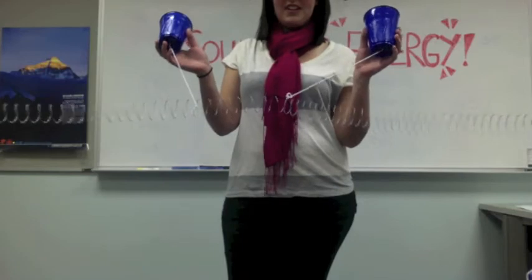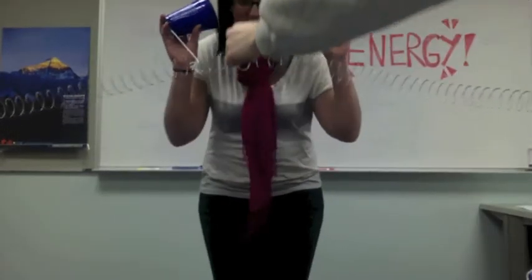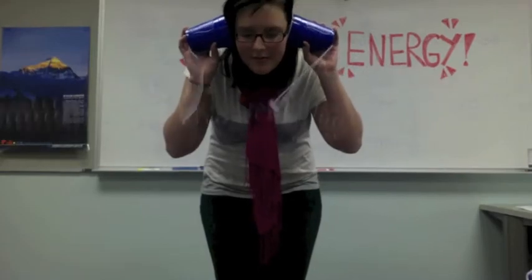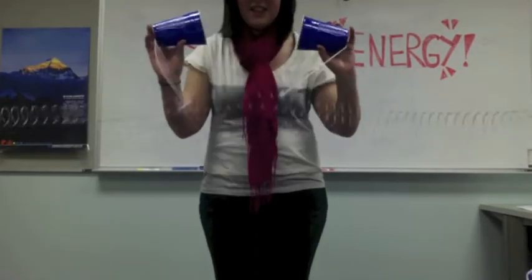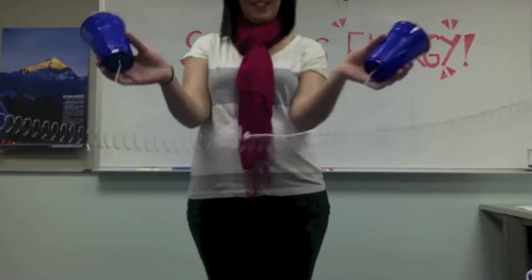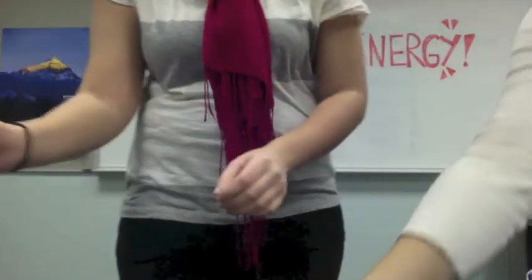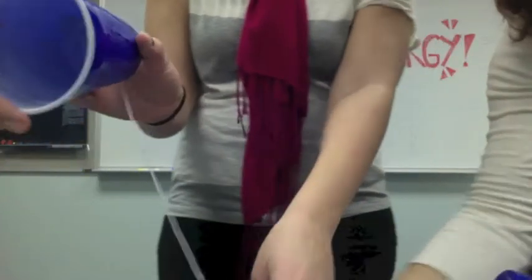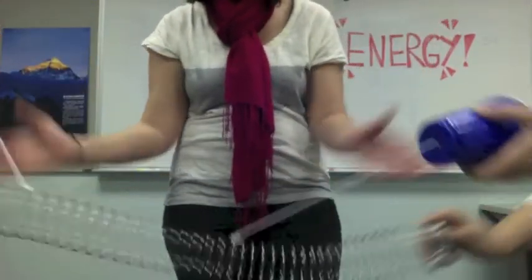Okay, all right, now we're going to tell you what will happen when we pluck the small slinky. It makes a quiet sound. All right, now we're going to test the larger slinky. See if we can tell the difference.